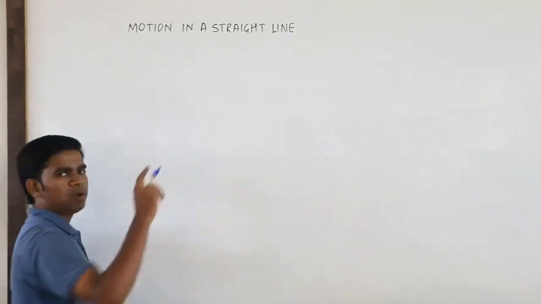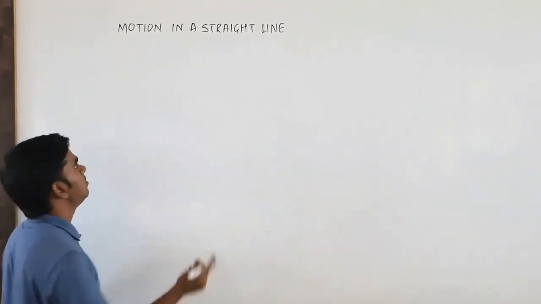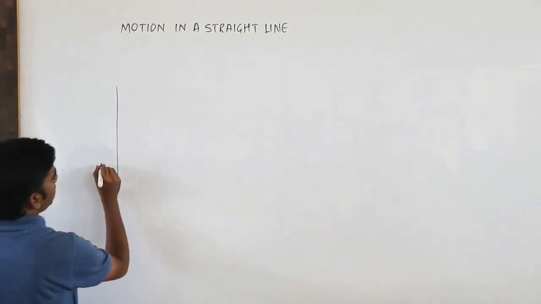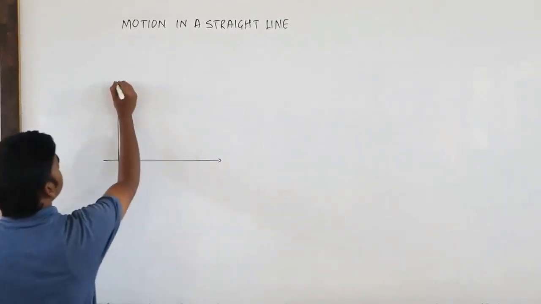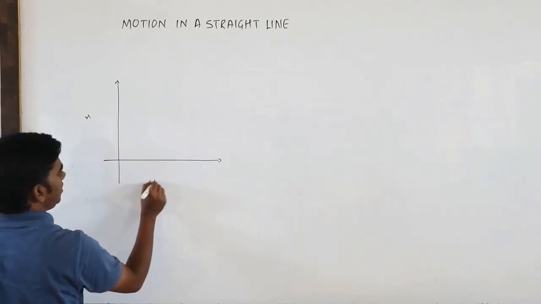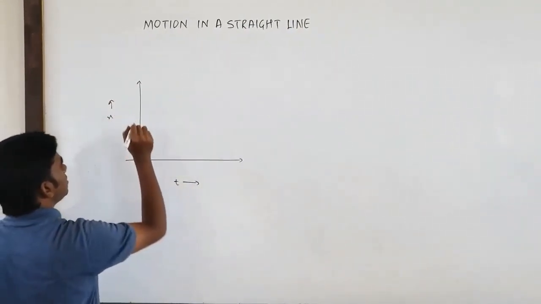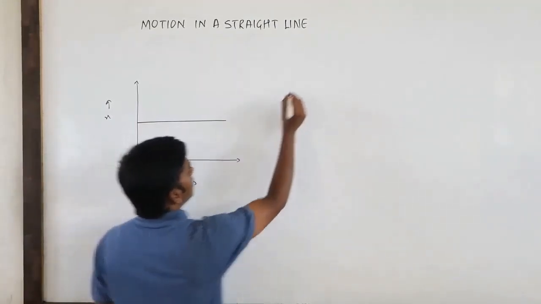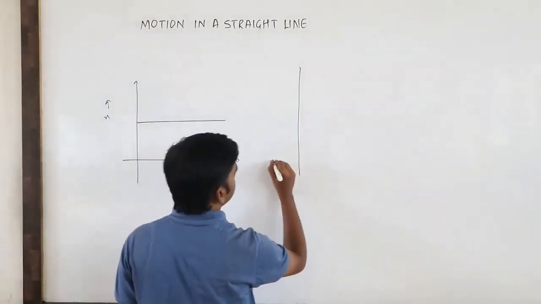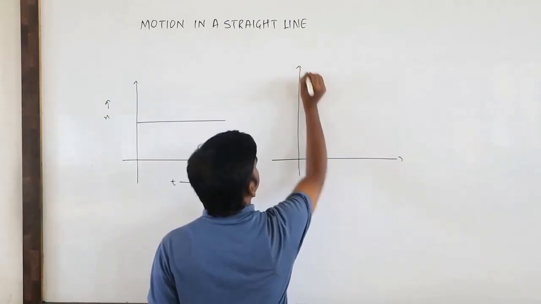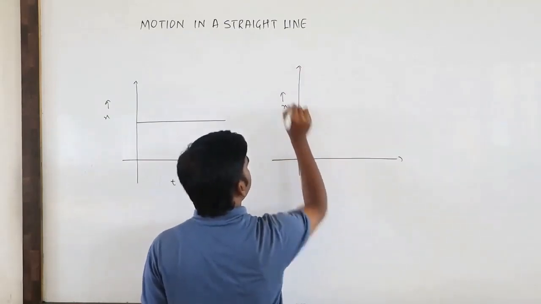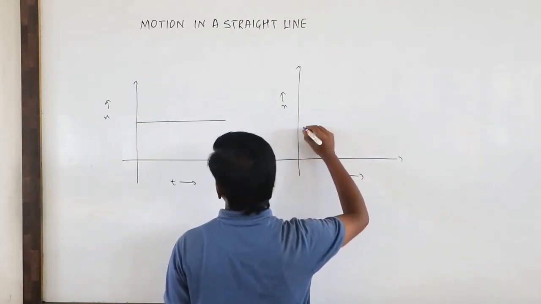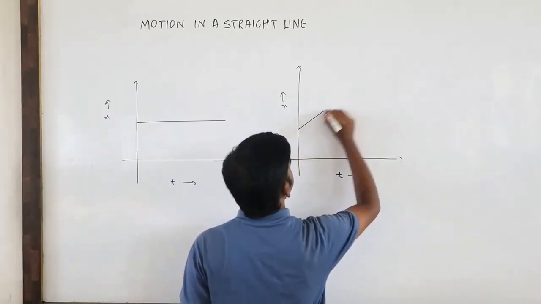Now I will plot some graphs. We have to describe the motion. So first one, obviously it is the position-time graph, xt. Distance and time. So the first graph is like this. The second graph, xt, is like something starting from here.